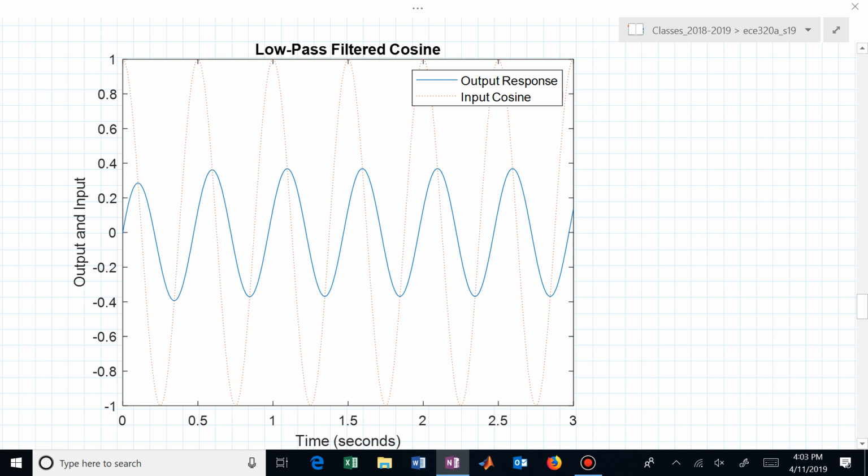And that's why the peaks of the blue are a little bit shifted, delayed from the peaks in the red. So the time constant is associated with the phase shift theta in our particular system.